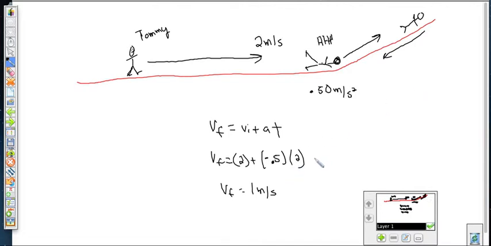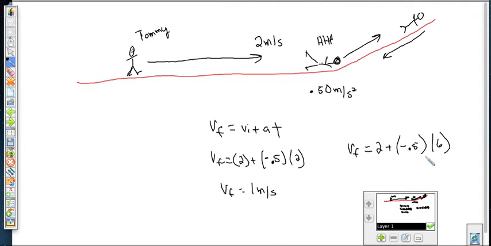So let's say, okay, we want to see what's happening to Tommy at 6 seconds. So let's go ahead and do our final velocity equals, so we've got our initial velocity is 2 meters per second, and plus we know that our acceleration is in the negative direction of 0.5, and we want to see where we are at 6 seconds.